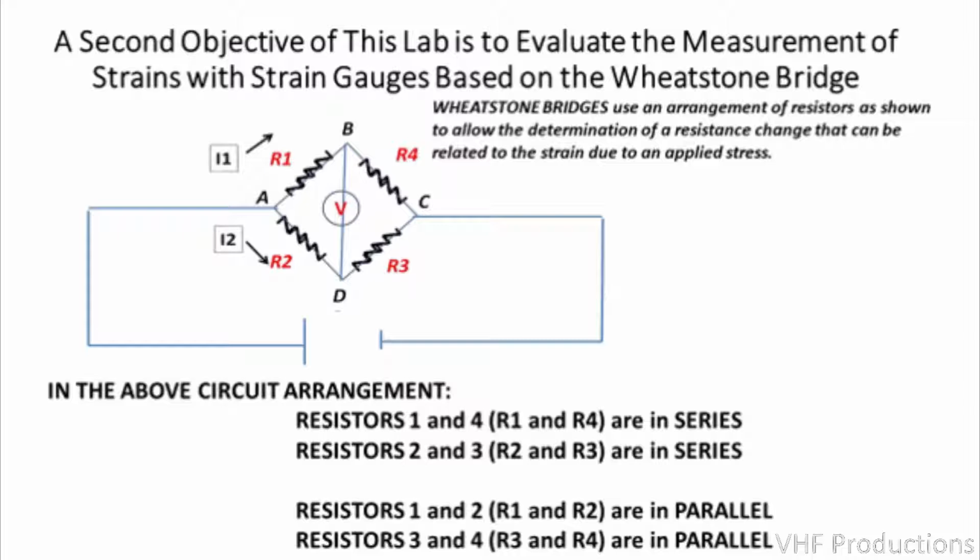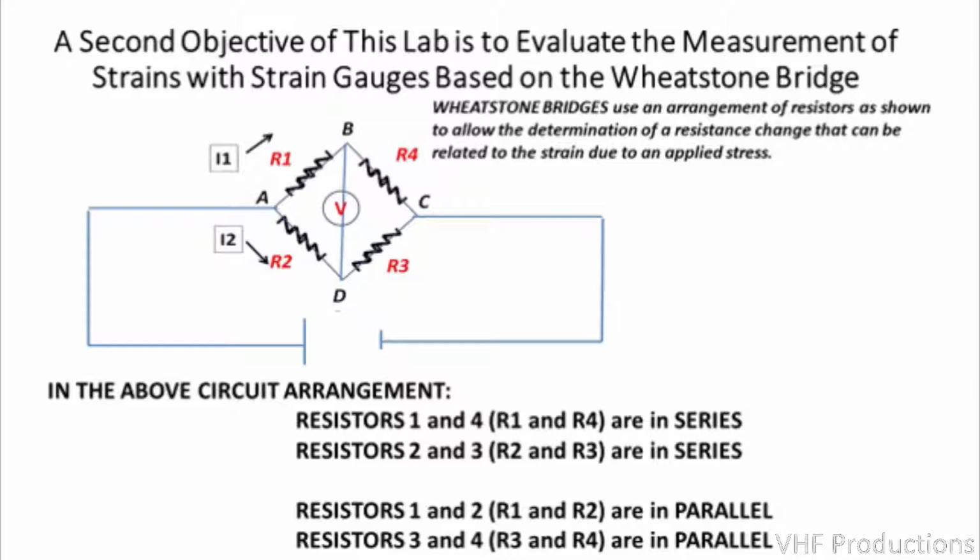So a second objective of this lab is to teach you how strain gauges work and how strain is measured using strain gauges based on the application of a Wheatstone Bridge. The schematic diagram here shows you the layout of a typical Wheatstone Bridge. A Wheatstone Bridge is a very simple electrical circuit where there are 4 resistors connected around effectively the perimeter of a square.